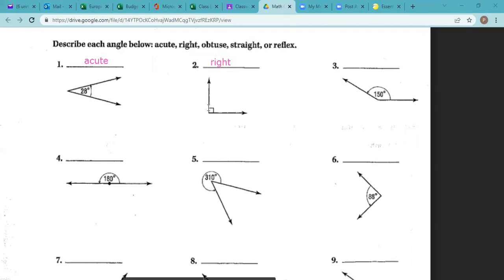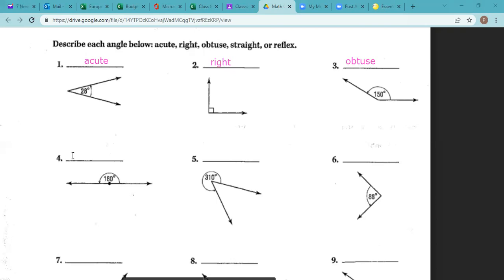Also, it has that little square there that's going to give you that indication that it is a right angle. Number 3, 150 degrees, that is an obtuse angle. An obtuse angle is more than 90 degrees, but it is less than 180 degrees.